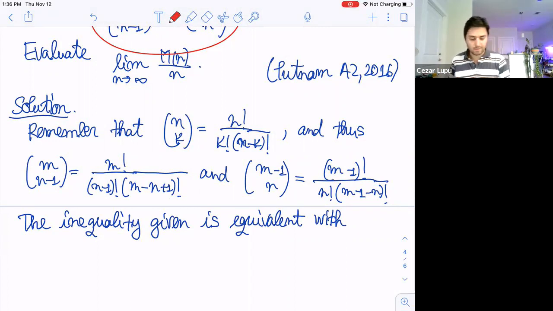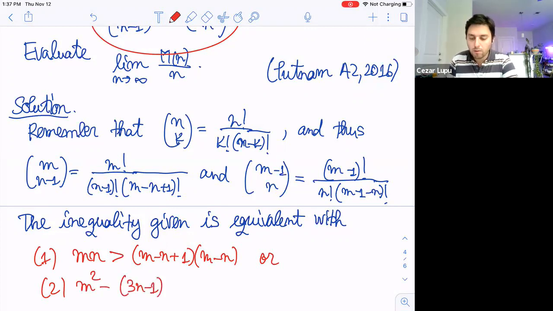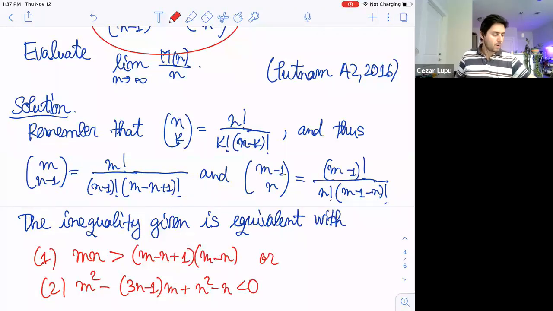Just a second. Okay, so it will be mn greater than m minus n plus 1 times m minus n. Okay, so that's the first inequality. Or you can have a second one, which will be m squared minus 3n minus 1 times m plus n squared minus n is less than 0. Right? Anyway, you'll get this.